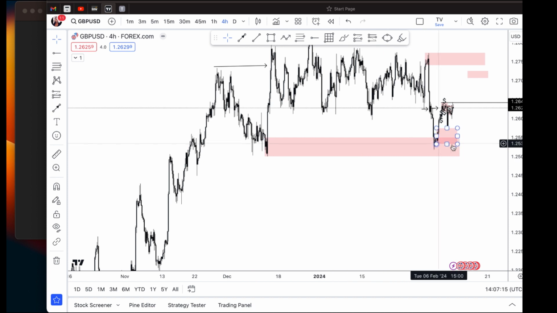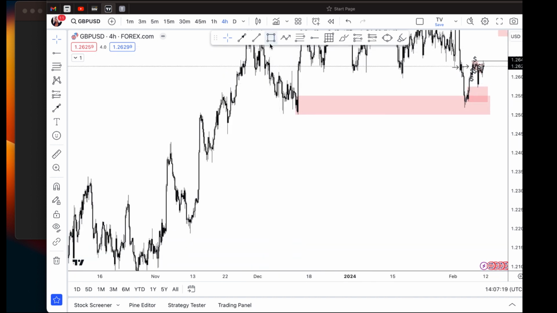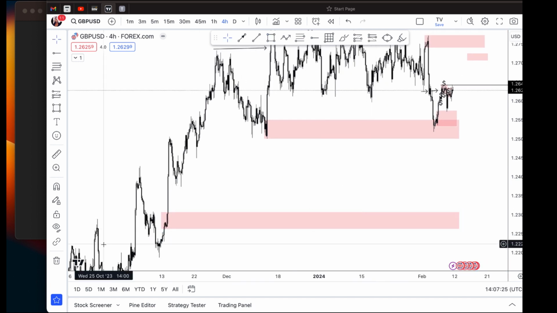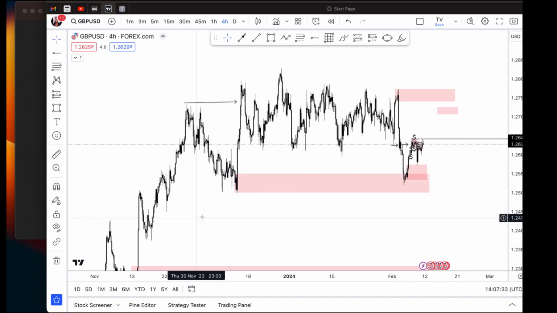When I was able to identify this demand and looking forward for price to come to it, hope you are not looking at this demand level right here, because this is another valid demand level. That's some of the mistakes traders make. They go and take zones at the extreme part, very, very extreme. So you need to be taking zones that are current, that are close to price action.